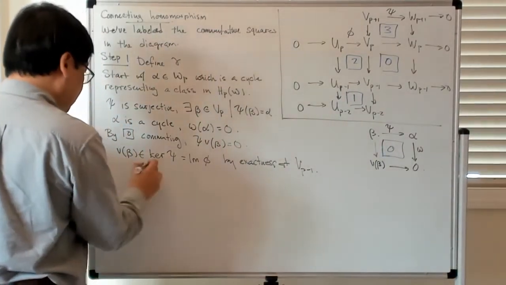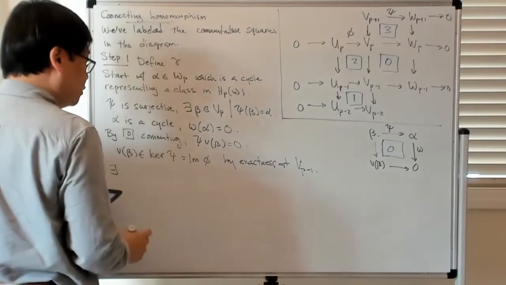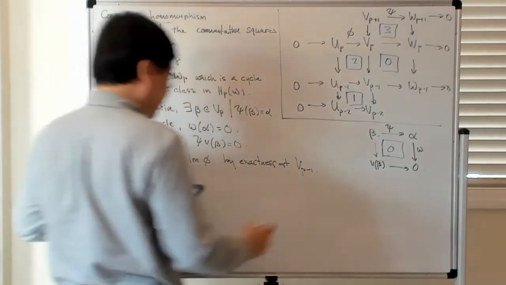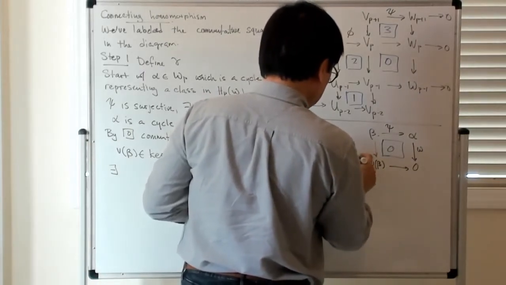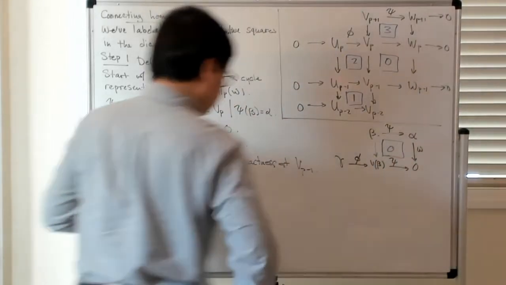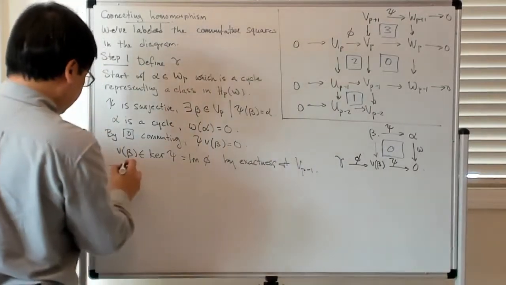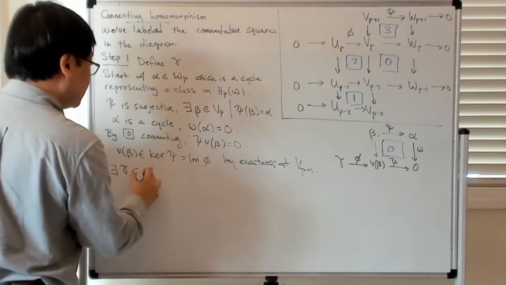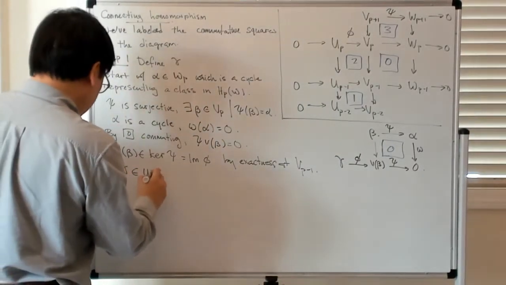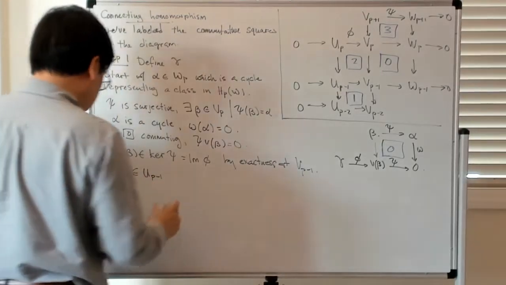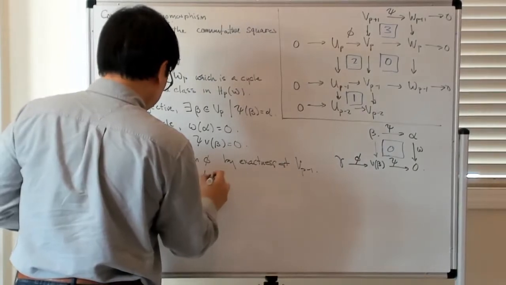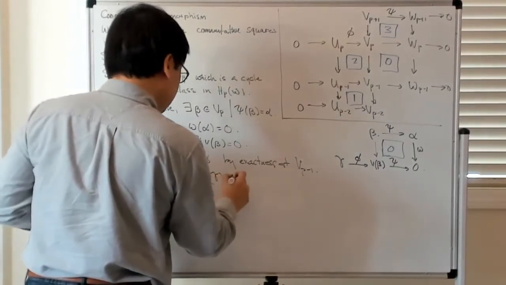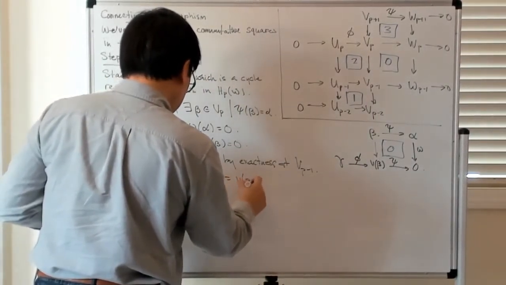So this means that there exists now something else. Let's call that gamma, which maps by phi to V beta. So there exists gamma in U_{p-1} such that the image of gamma is equal to V of beta.